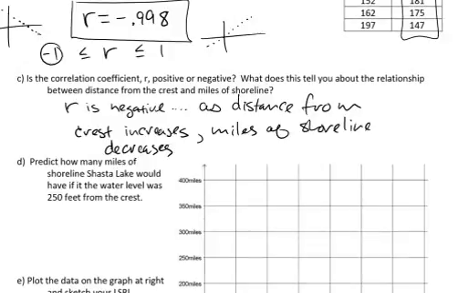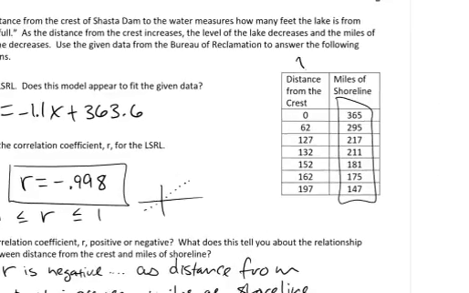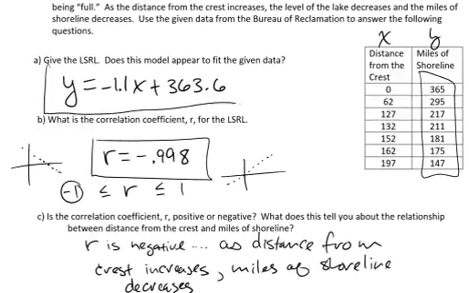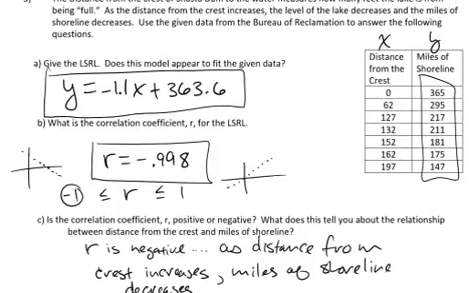The next question says, predict how many miles of shoreline Lake Shasta would have if the water level was 250 feet from the crest. Again, if you look at the model that we built, our x values are distance from the crest and y is the miles of shoreline. So I could use this equation to answer that. I'll plug in a value of 250 for x, the distance from the crest.